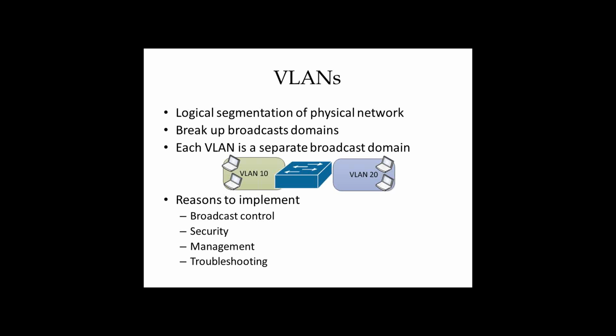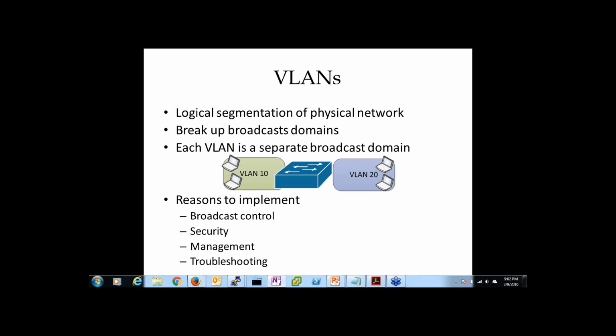So one great use case of VLANs is that it helps to control the frequency of broadcasts throughout the network. Broadcasts are going to be isolated to their own VLAN, so basically smaller sections of the network.